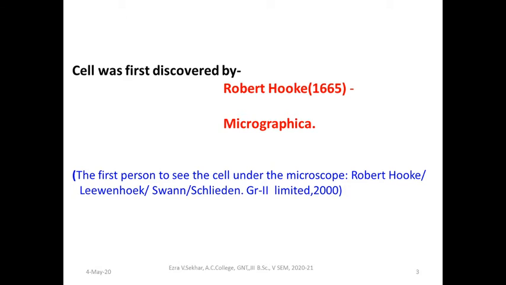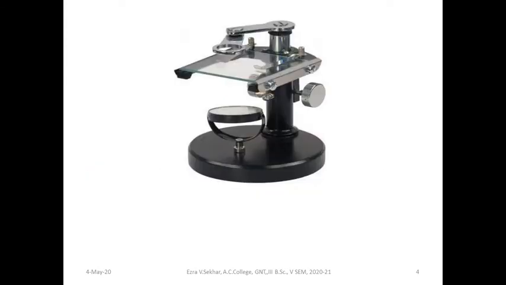In his book Micrographia, Robert Hooke described the structure of a plant cell, and generally we need instruments, microscopes, to see these structures, because they are not visible to our naked eye.